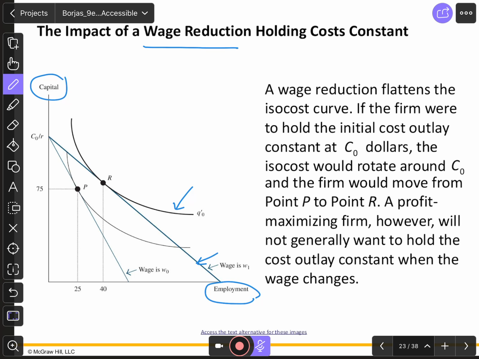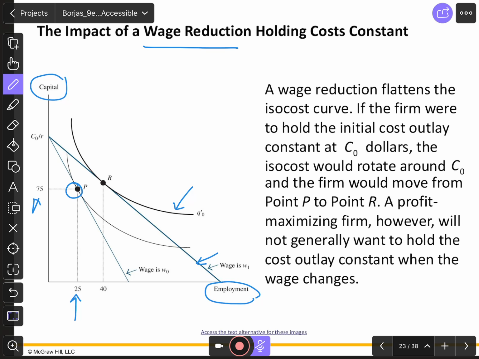This graph is about a drop in wages. The original point of equilibrium that we discussed before was point P. Point P is the optimal combination of capital and workers that gives the same amount of production as any other point on the isoquant. Here the firm is hiring 25 workers and 75 units of capital.